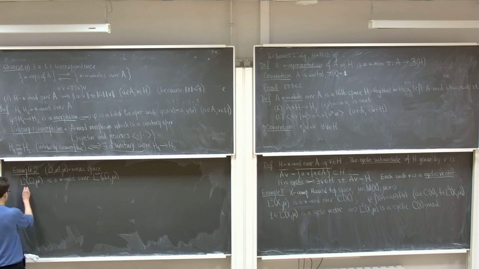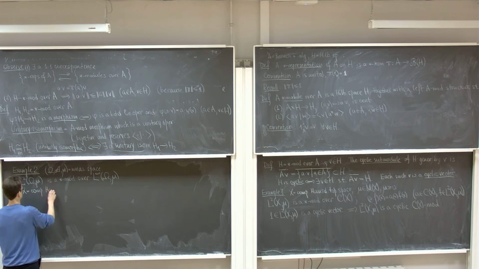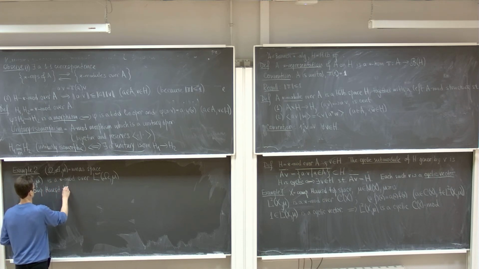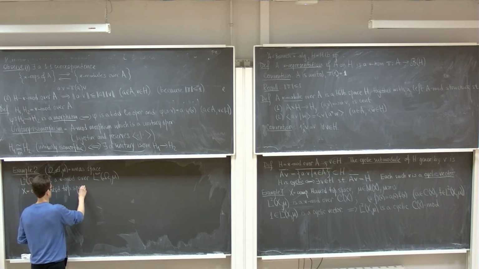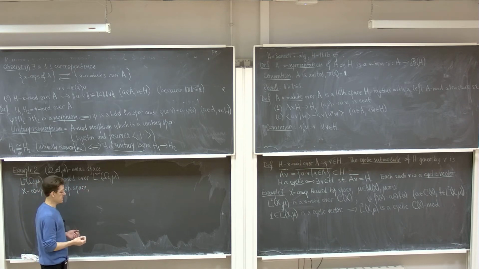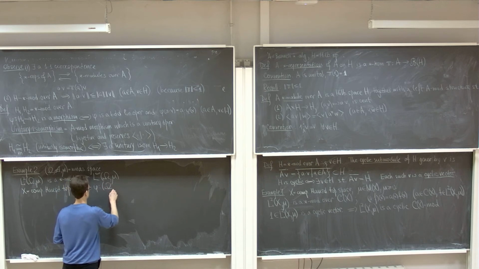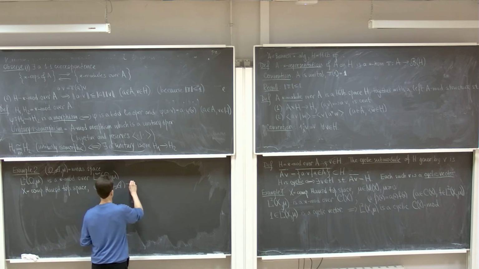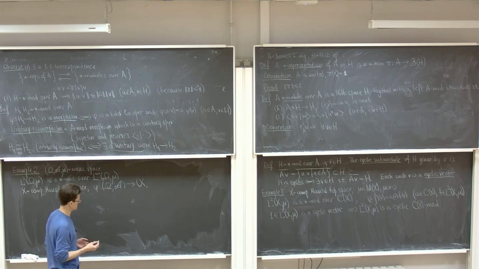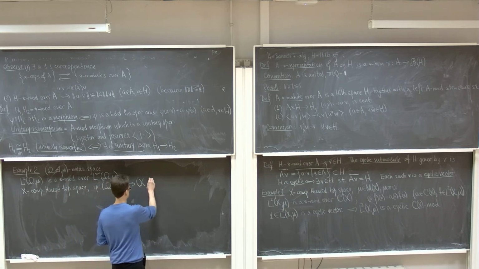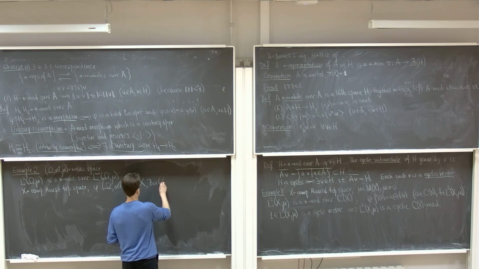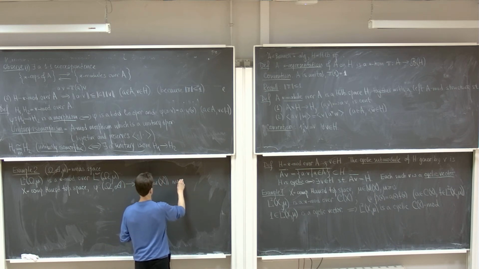Suppose now that X is a compact Hausdorff topological space, and suppose that we have a measurable map, phi, from omega to X, where we consider X as a measurable space with respect to the Borel sigma algebra. So phi is a measurable map.